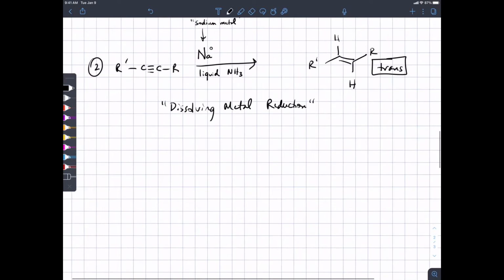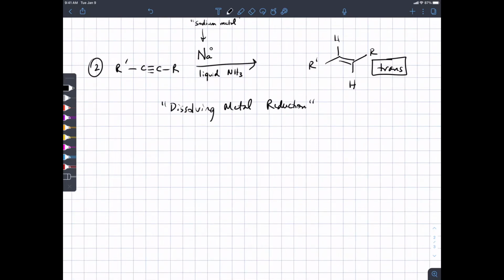But what ends up happening when you put sodium metal in liquid ammonia is the sodium metal actually ejects an electron into the solution. You didn't know that electrons could dissolve in solution, but in this case it can.